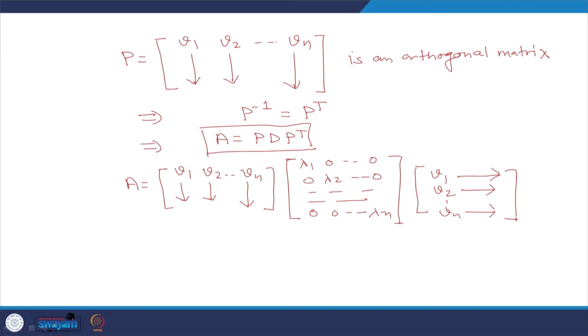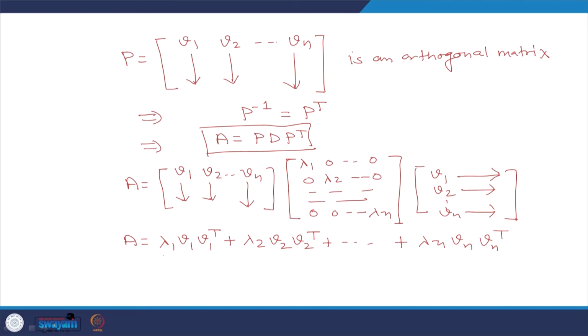If I multiply it out, A equals lambda 1 V1 V1 transpose plus lambda 2 V2 V2 transpose plus up to lambda n Vn Vn transpose.